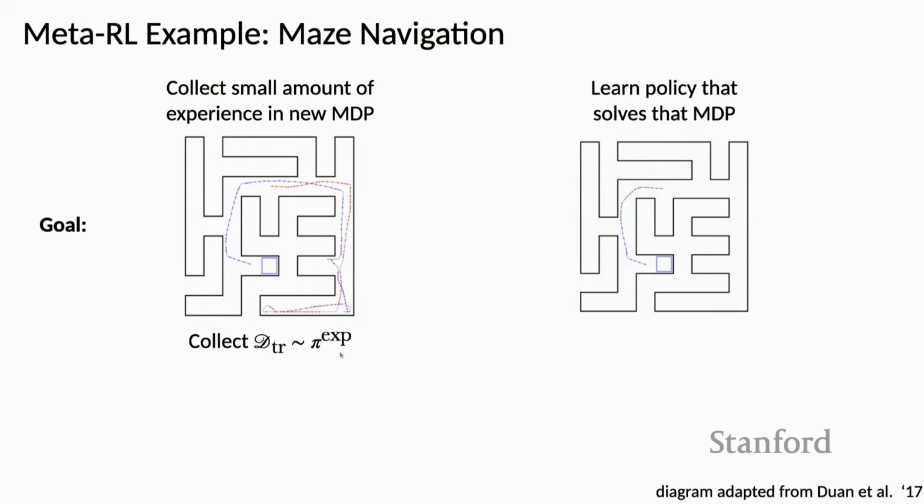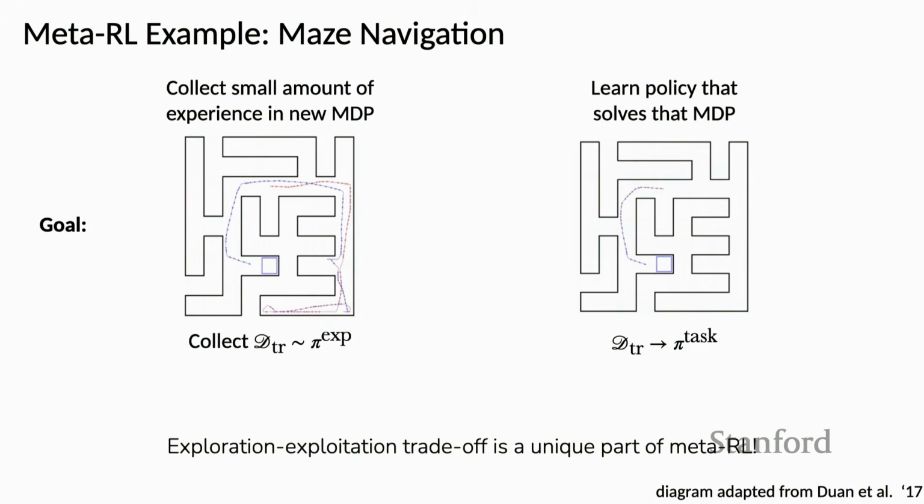And again, if you were to do this from scratch, trying to use just a single episode of experience to get a policy that can solve the task, this would be very, very hard. And instead, the way that MetaRL frames this is by trying to construct a set of training environments that facilitates this kind of fast adaptation.